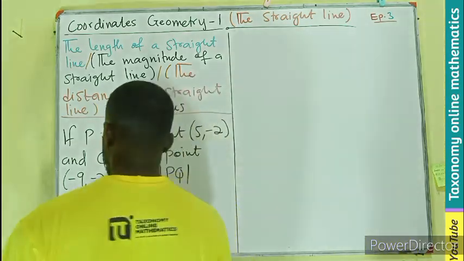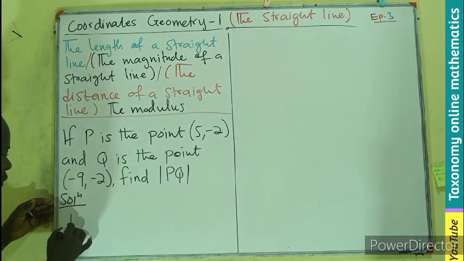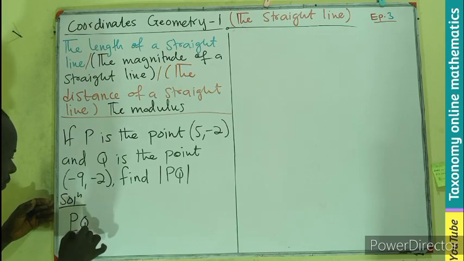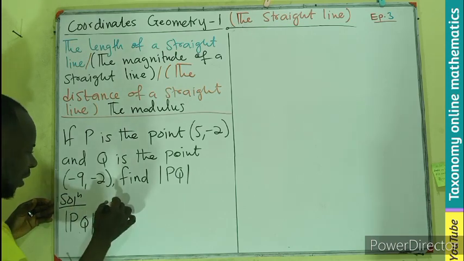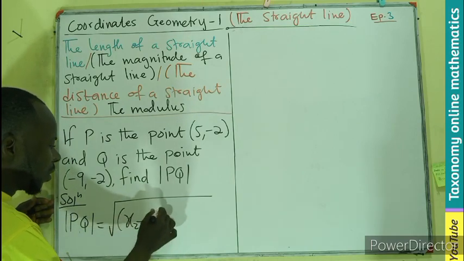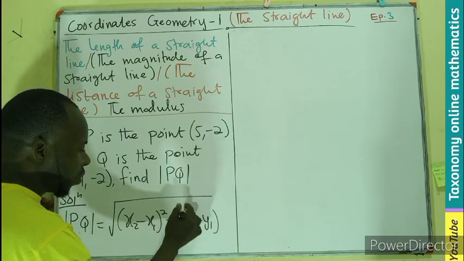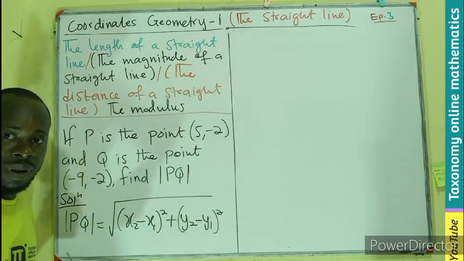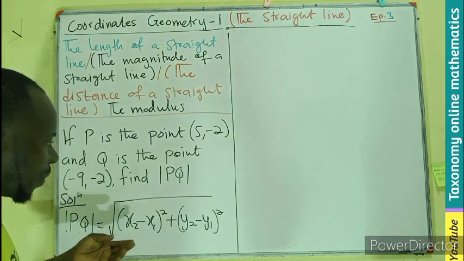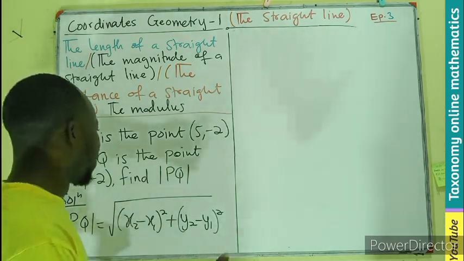Now we have to recall that to find the magnitude of PQ, we have the square root of (x2 minus x1) all squared plus (y2 minus y1) all squared. That is the formula we derived from the beginning. So we are going to use this, where x1, x2 have a meaning.